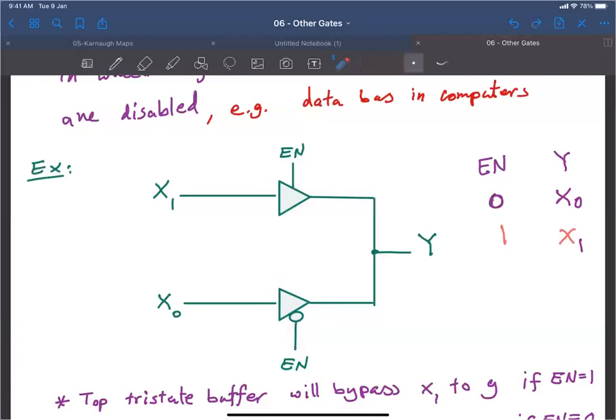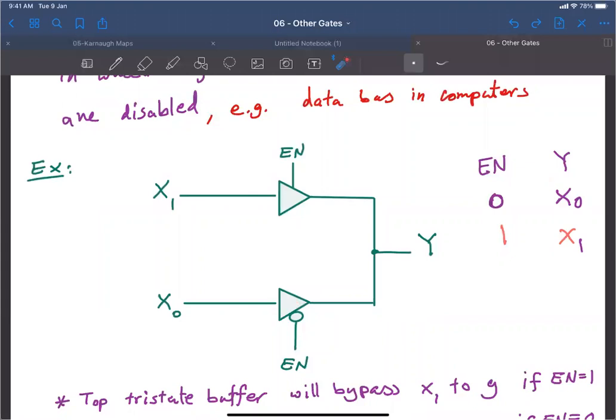And then Y will be consumed by other components. So when enable is 1, I get x1. And when enable is 0, this one is going to be disconnected and this one is going to be connected. You see that? So when enable is 0, I get x0.